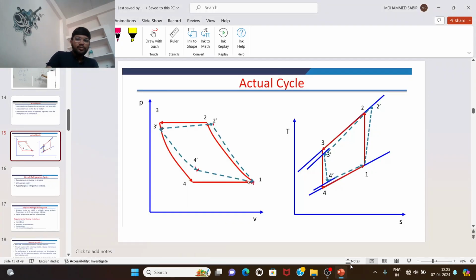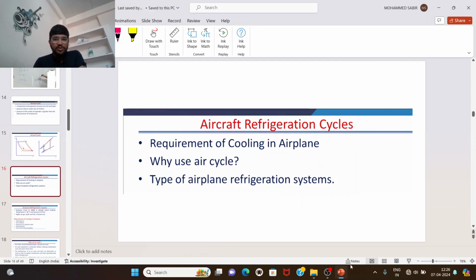Okay, now this is the simple thing, and now we come to the air refrigeration cycle. Why are we using a refrigeration cycle for aircraft? When we go upside in the environment, temperature rises, yet we are still using refrigeration.